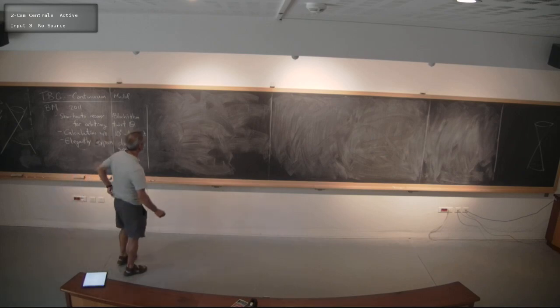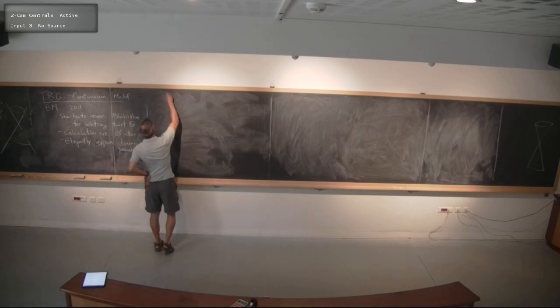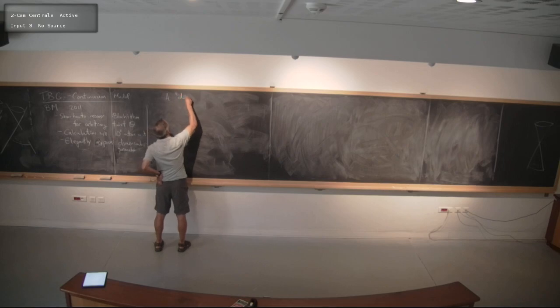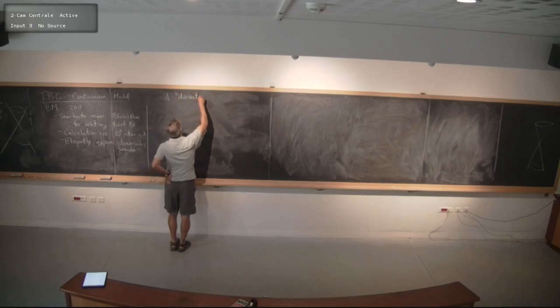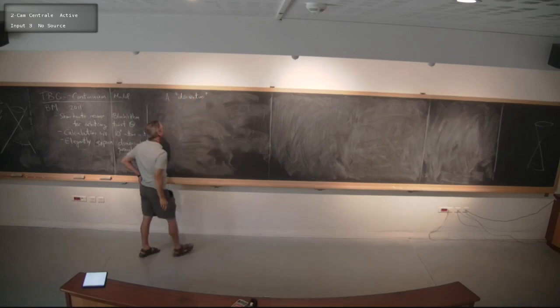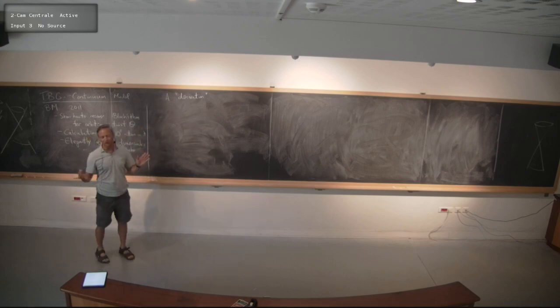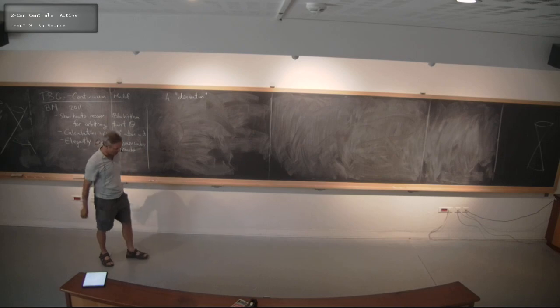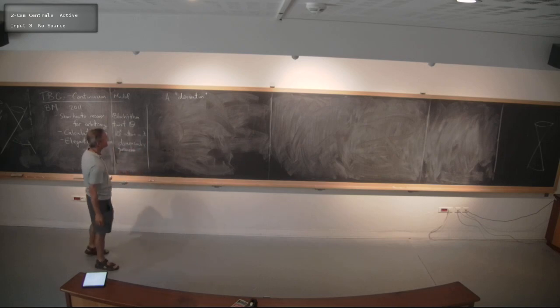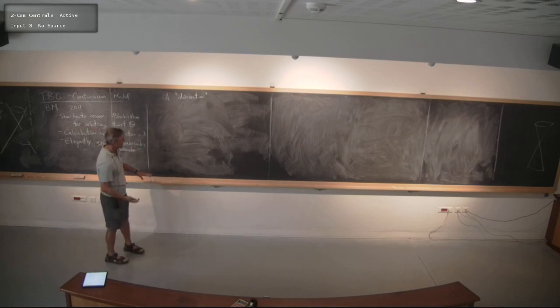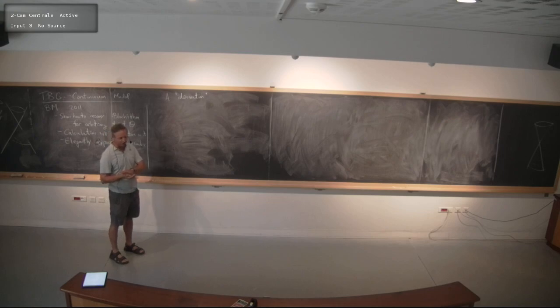So the picture I want you to have in mind, and let's put derivation in quotes, is really based on the images that you saw in my talk or in Dima's talks last week: that for a small twist angle, the Moire pattern really looks locally like a uniformly translated pattern.